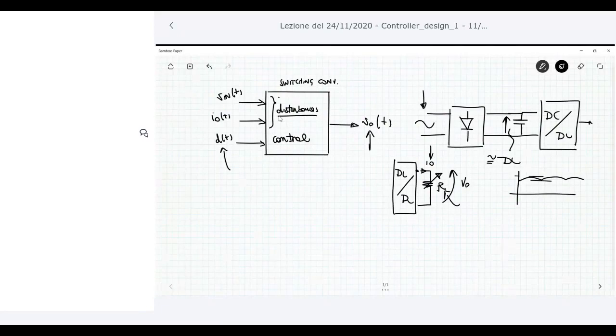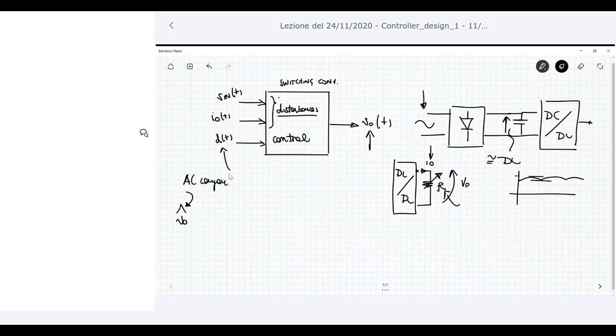How can we represent the variation and the transient that we can have in our converter? I can represent this variation by this symbol. When I have this symbol here, as I employed in the previous lectures for electronics students, this means that I am just talking about varying components, so the AC components. This is the AC variation component.